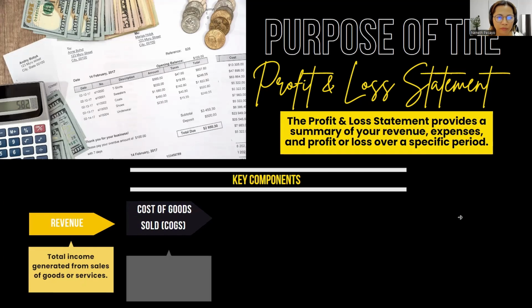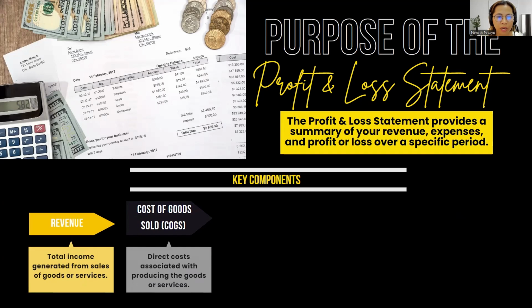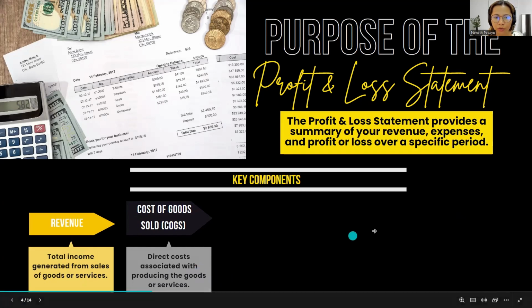And then cost of goods sold, COGS for short, the direct costs associated with producing the goods or services. So they refer to the direct costs.